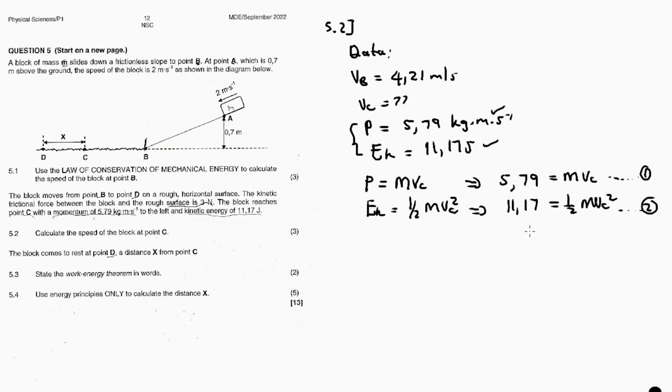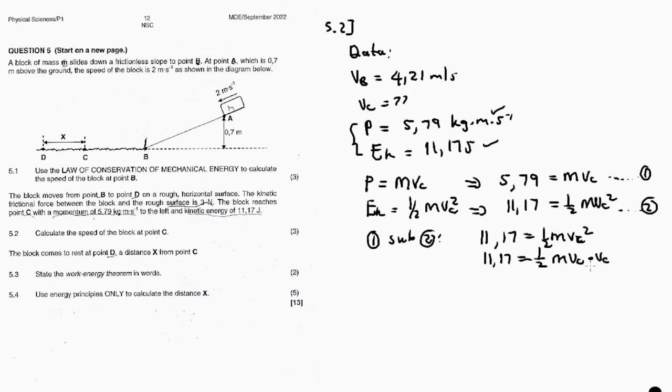This is equation 2. So equation 1 yomsubstitute kuphi equation 2. Bheka ke manje, nangu equation 2. Equation 2 equal to a half mv squared. 11.17 equal to half mvc times vc.